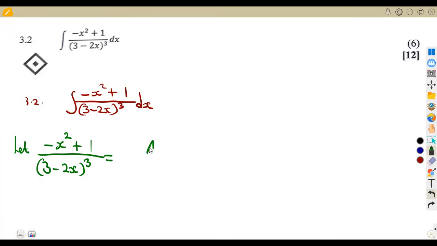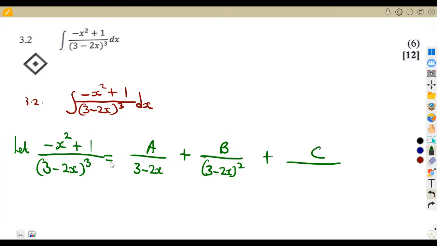So it's going to be A over 3 minus 2x, plus B over (3 minus 2x) to the exponent of 2, plus C over (3 minus 2x) to the exponent of 3. That is the repeated linear. This is a linear, but being repeated a lot of times. So you expand up to the last exponent.